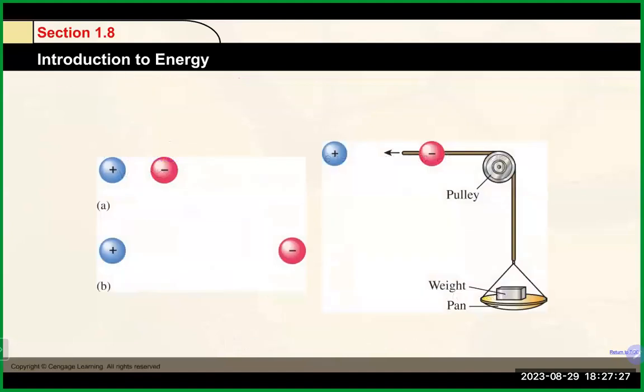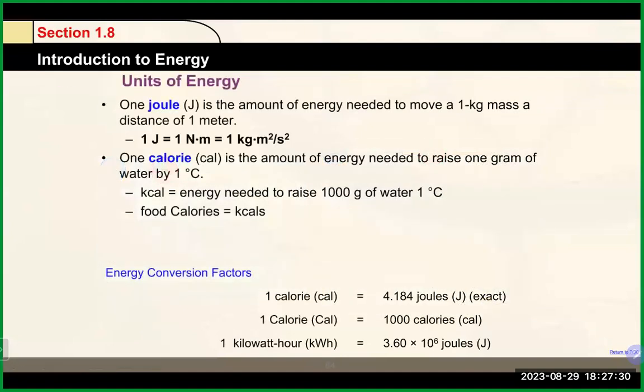Calories are also another very common unit of energy, and that is lowercase calories. There are also capital Calories. Capital Calories are nutritional Calories, like in nutrition. 1,000 of the little c calories is equal to one of the big C Calories, which is also sometimes referred to as a kilocalorie, right?